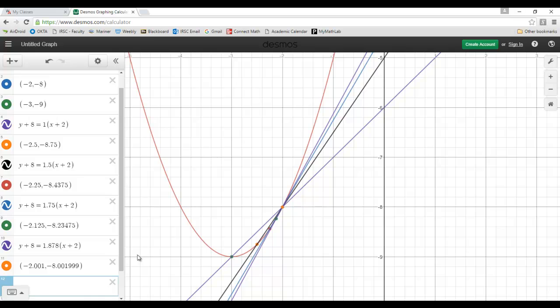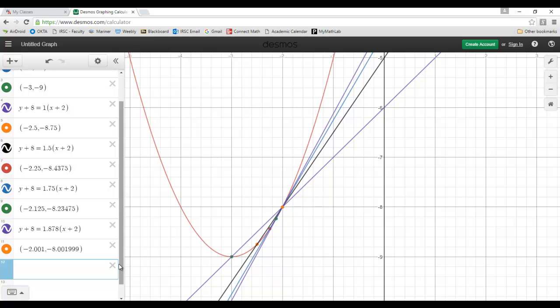Let's see here. I'm just using my calculator real fast, and syntax there, that's no good. -2, -8. Then I said -2.001 and -8.001999. Okay, I get my slope to be 1.999. So if my new slope is 1.999, the new secant line is going to be, let's see, how to write the equation of the line again.